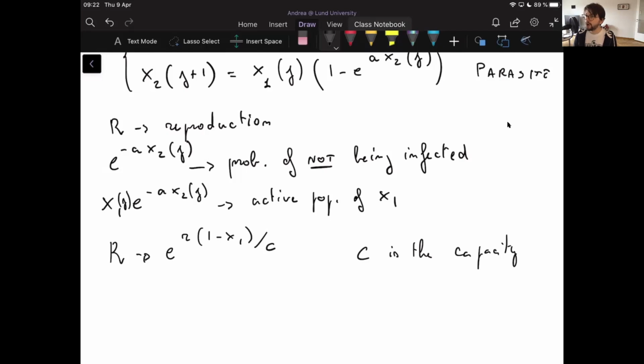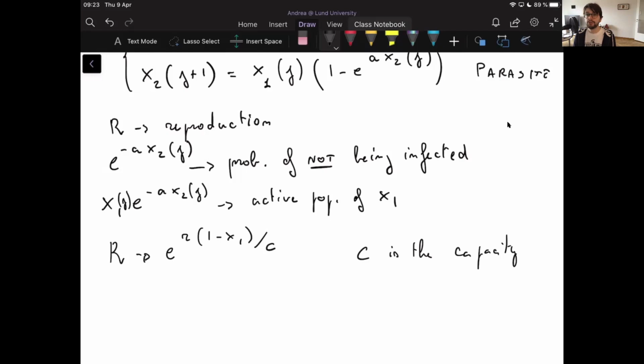And in one of the projects, if you look at the GitHub page of the course, there was a relation between this Nicholson-Bailey model, parasite dynamics, and, for example, sex. This is also a way one can study this system.